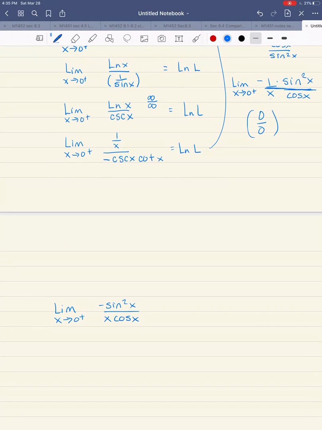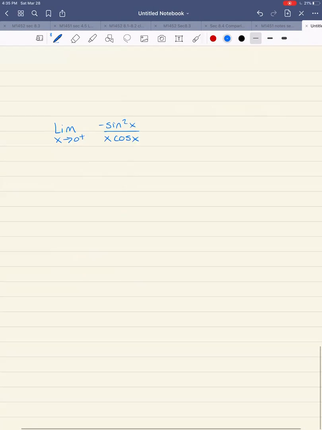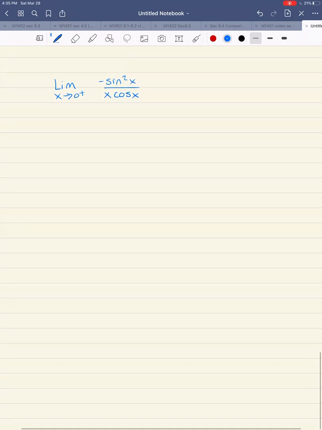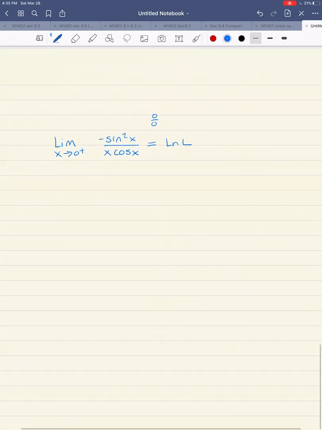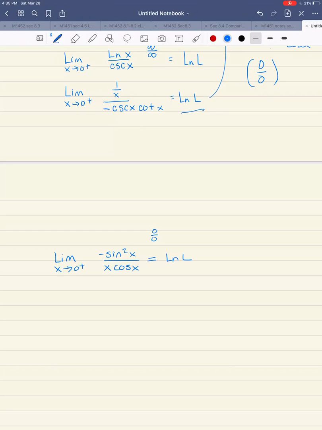We've got sine squared over x cosine of x. Let me make a quick look. Yes, minus sine squared over x cosine of x. But we decided that that was 0 over 0, so we can do L'Hopital's rule.